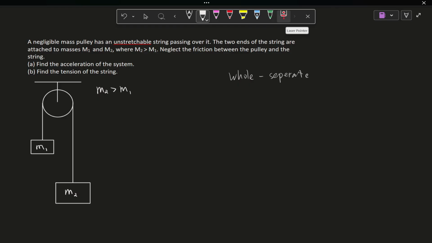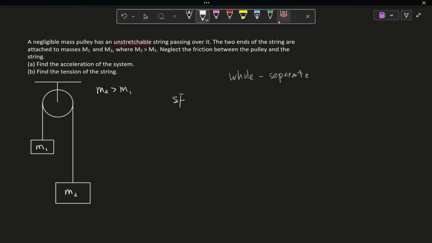One thing that you should keep in mind in this question is that the tension force between them is the same. For example, on M1, there's a tension force that's pulling it upward, right? It's equal to the tension force that is pulling M2 upward. So first, let's write a net force equation for the entire system.